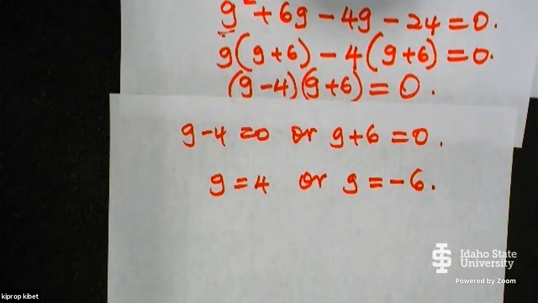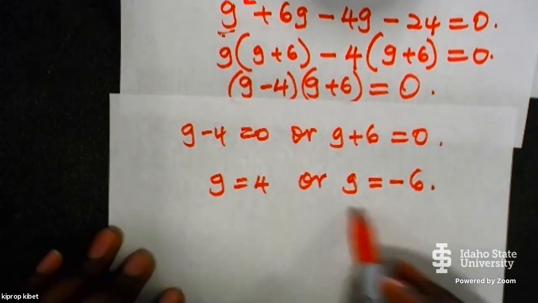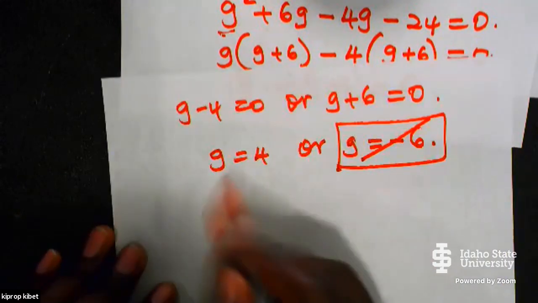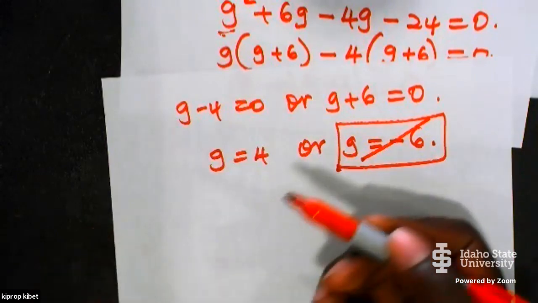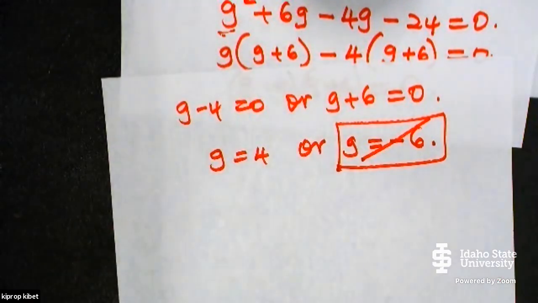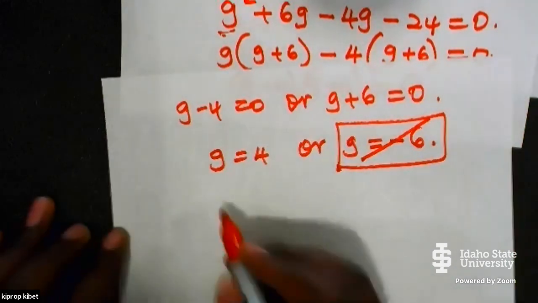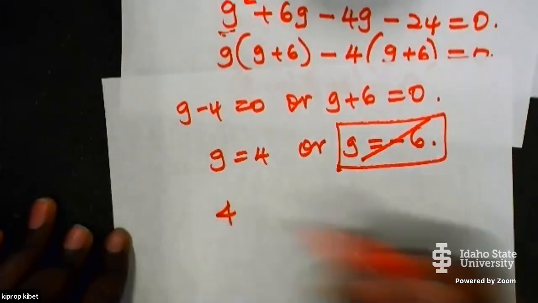So we get the speed as G equals 4 and G equals minus 6. Which one should we take? 4, right? Because we don't have a negative speed. So we ignore the minus 6. The speed this guy will take to work on the gravel will be 4.